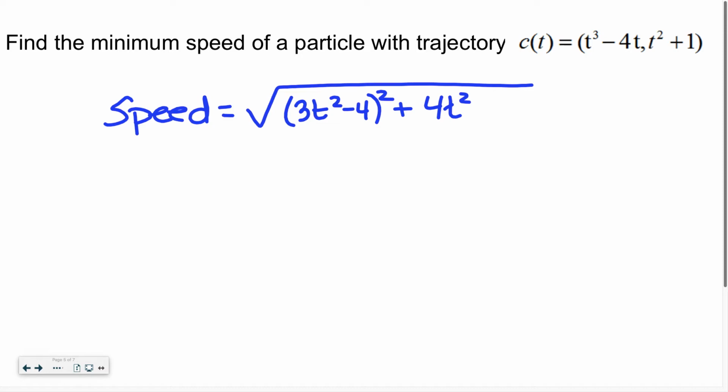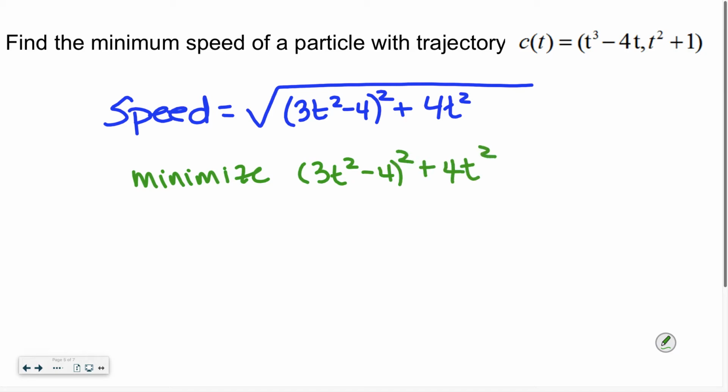If we're minimizing a radical, technically, can we just minimize what's under the radical and be fine? So we want to minimize (3t squared minus 4) squared plus 4t squared. And just for fun, I'm going to call this a capital S.